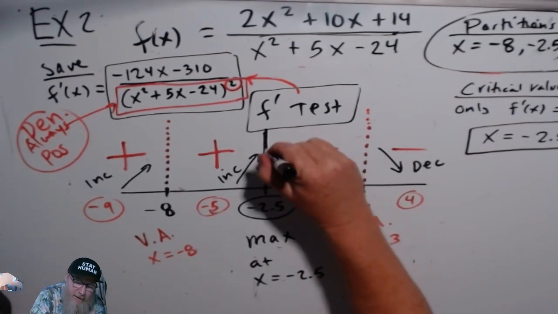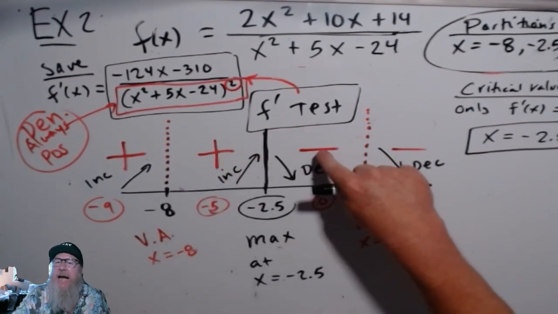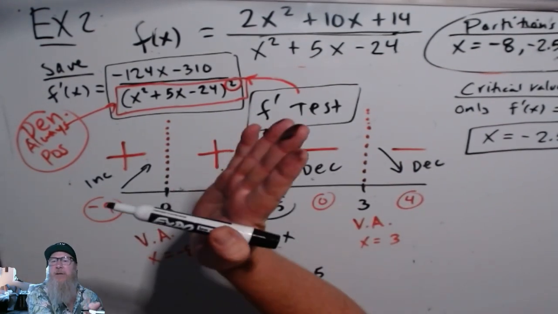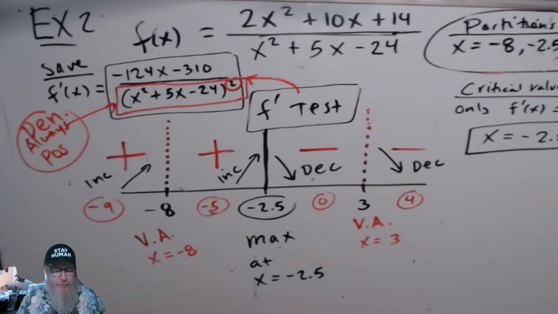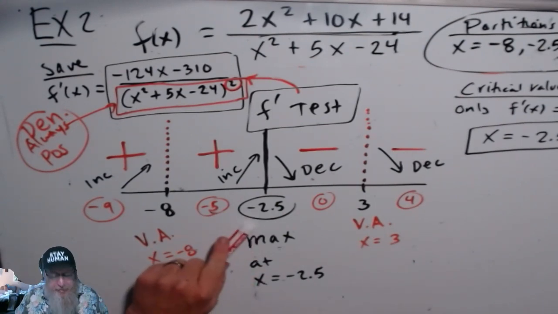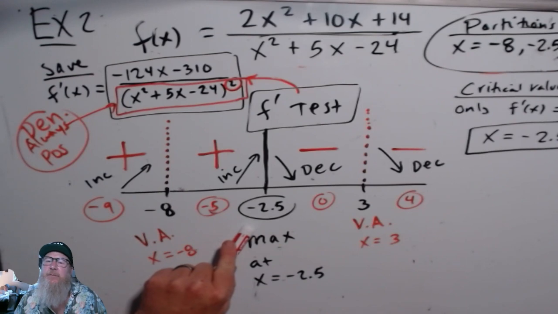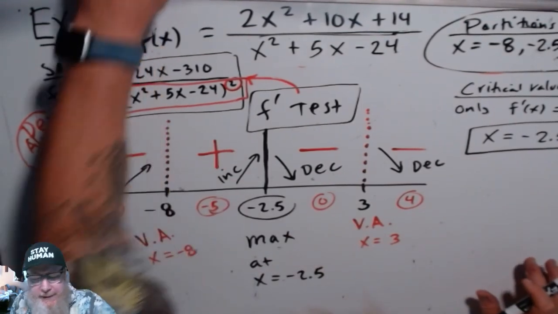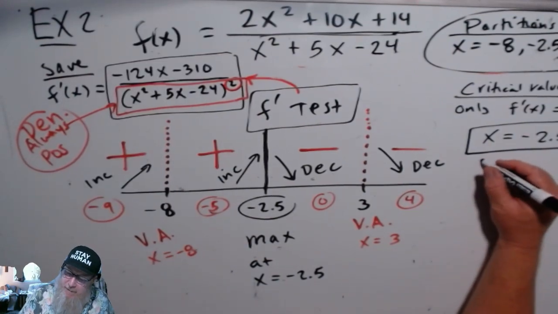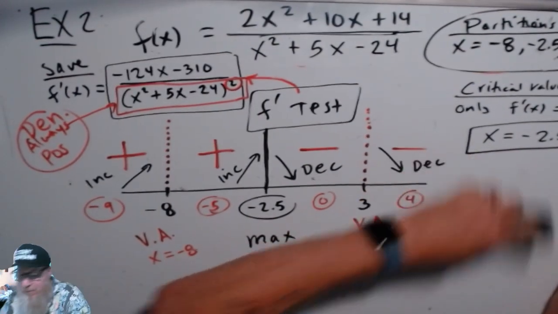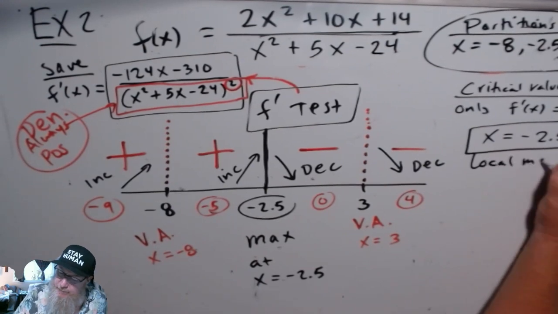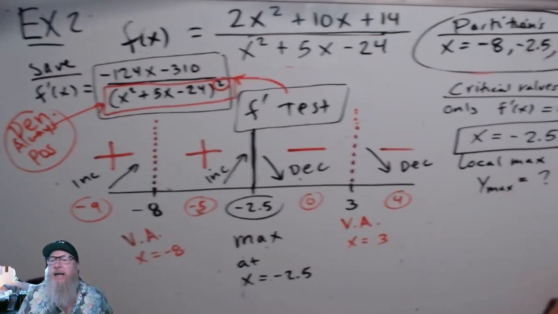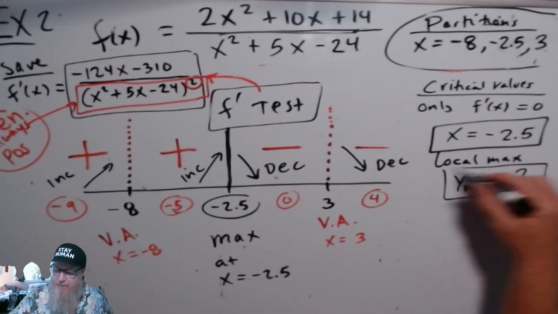So only the one that's changing from positive to negative becomes your max. Increasing, decreasing, that's a max. We will be able to confirm that with the second derivative, but if you make a mistake now, you'll catch it later when we get to the second derivative test. So we have a max, let's call this a local max. We don't know what y max is yet. We might need to come back and figure it out later.